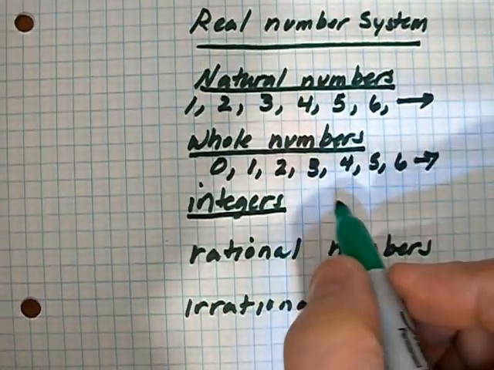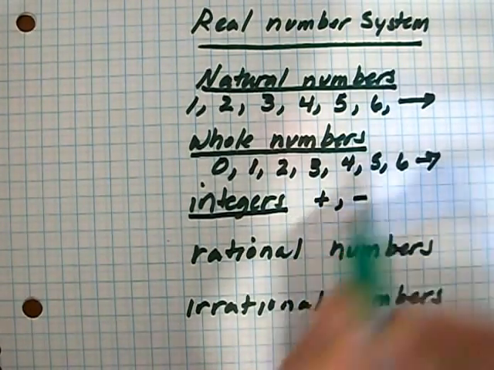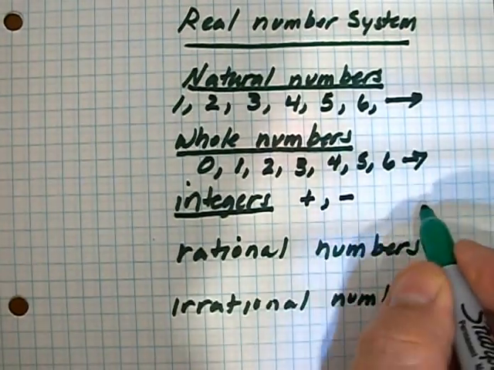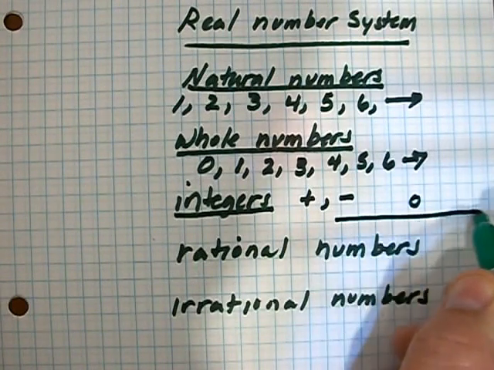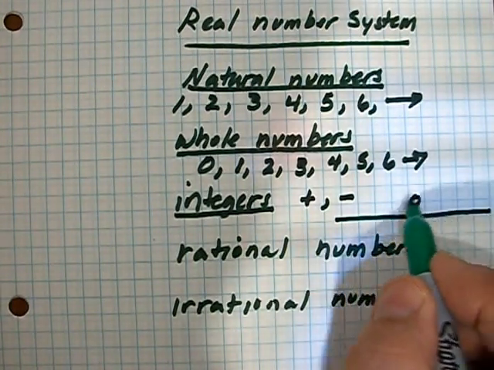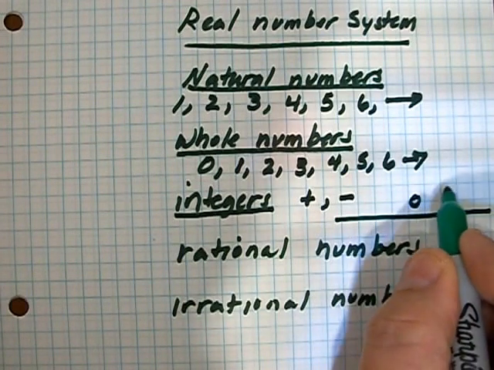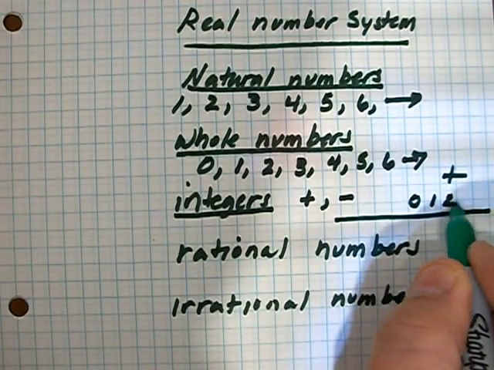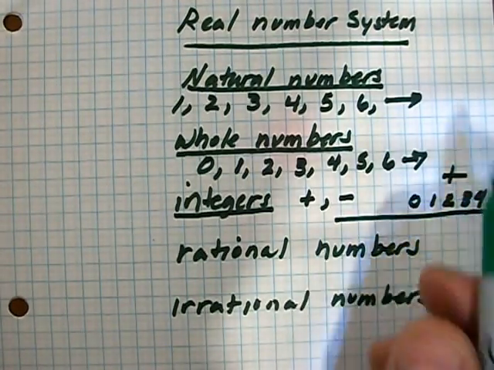Integers. Integers can be positive and negative. And when you think of integers, think of a number line. On the number line, you have 0. And you have numbers on the right side that are positive: 1, 2, 3, 4, and so on.